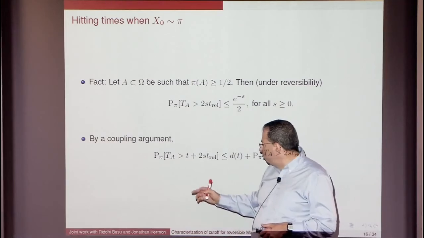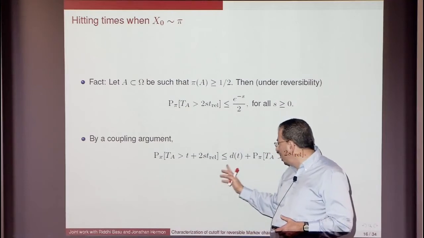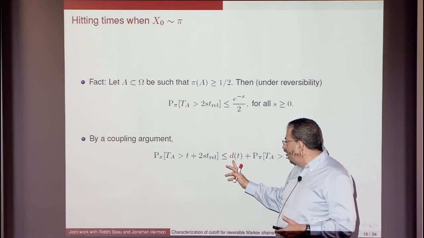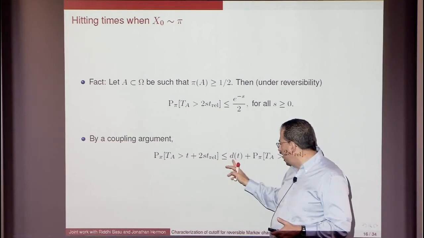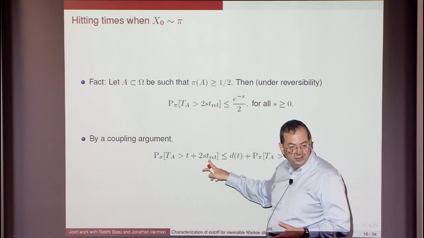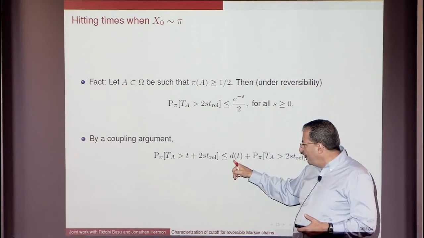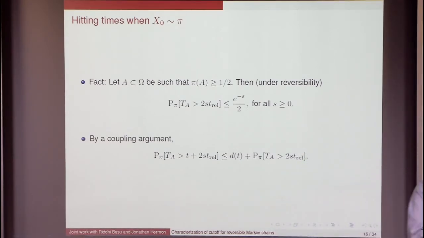So if you control the mixing time, well, the probability that you take a long time to hit this set is certainly bounded by the following. If I wanted the hitting time to be bigger than t plus 2s t_rel, I can just wait for time t so that the distance to stationarity is small, and then I have a bound on this distance, and then with the remaining probability I can think of myself being at stationarity, and there the hitting time is small just for spectral reasons.